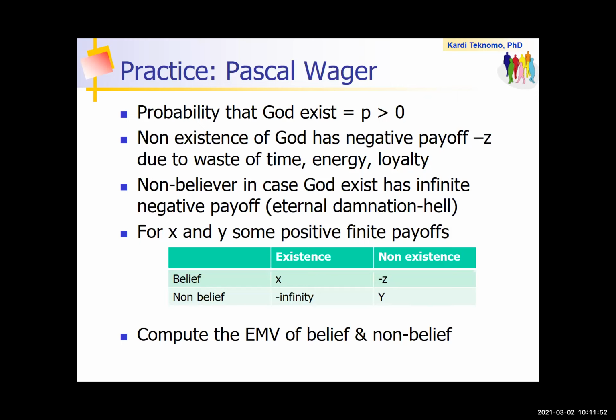Now, question to you: can you compute the EMV, or the expected value, of belief or non-belief? X, Y, Z are not given, but just told to be positive values. You can put any number.